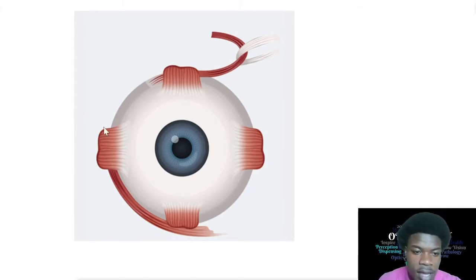So let's start at the lateral part here. So firstly we have what we call the lateral rectus muscle.